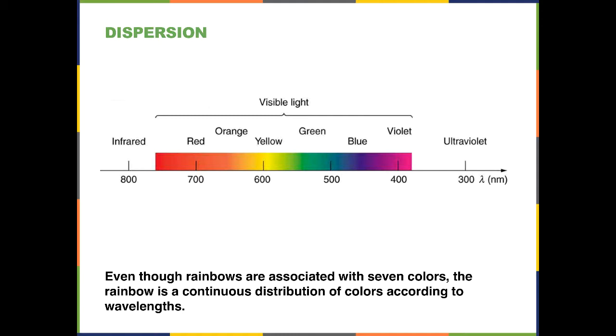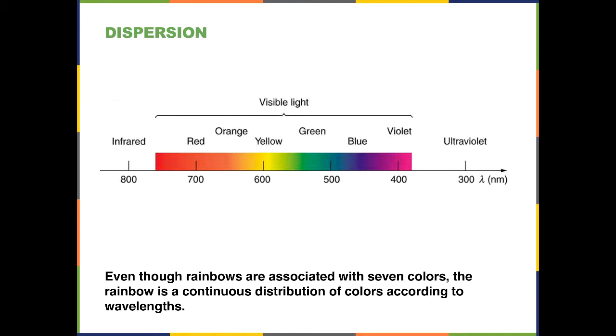Even though rainbows are associated with 7 colors, the rainbow is a continuous distribution of color according to wavelength. And you can see here that the visible spectrum extends from approximately 760 nanometers wavelength to a little bit below 400 nanometers of wavelength.